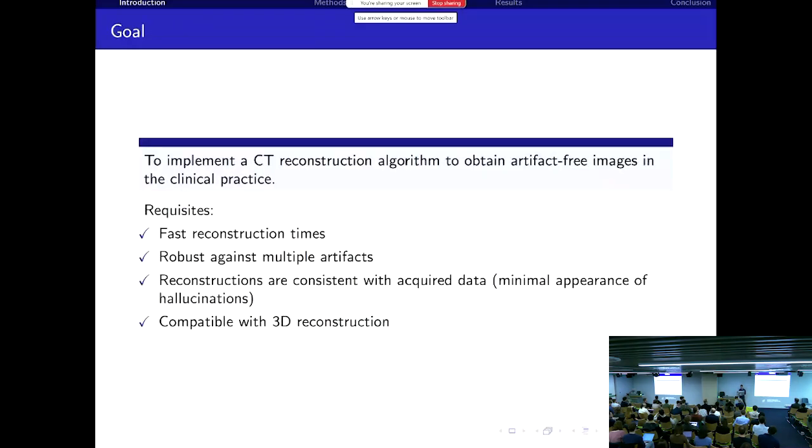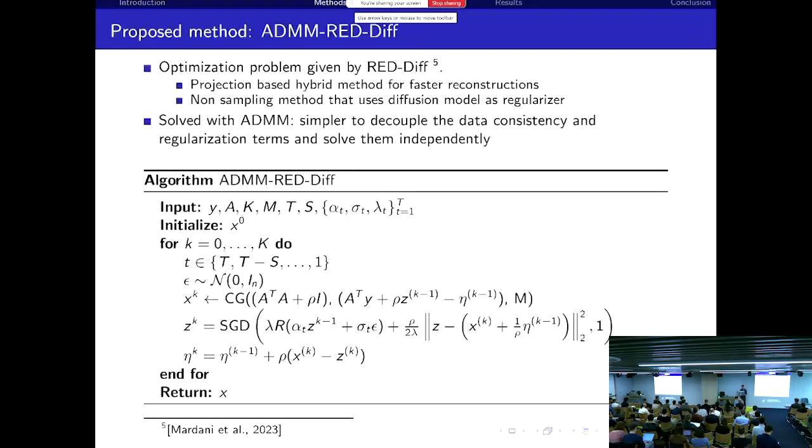Therefore, in our project, we intend to develop a reconstruction algorithm that allows us to obtain artifact-free images accomplishing the following requisites: that it is fast, that it is robust for multiple artifacts, that reconstructions are really consistent with the data so there are no hallucinations appearing, and that it is compatible with 3D reconstruction. This is a preliminary work, so we haven't actually gone into 3D reconstruction, but we believe that this method is going to be compatible with it.